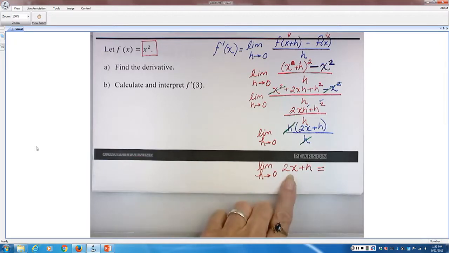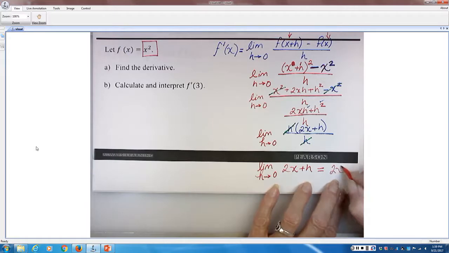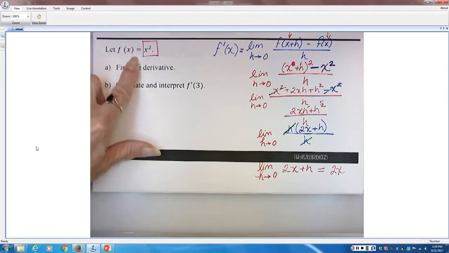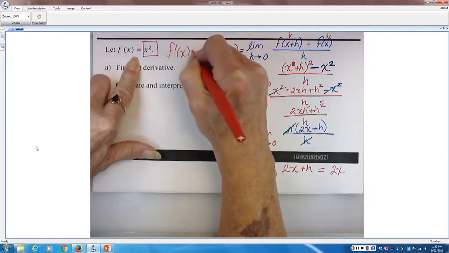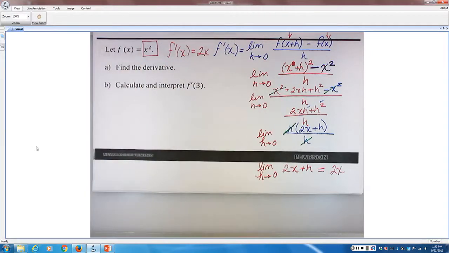What happens to the quantity 2x as h gets really, really small and finally, eventually disappears? What happens when h disappears? It's just 2x. So the derivative of f of x equals x squared is f prime of x is equal to 2x. That's your answer.